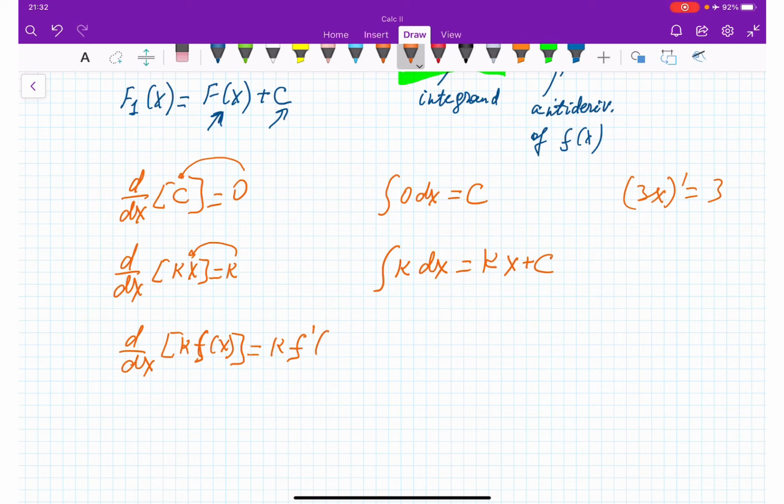Which means we are going to take this under the integral: the integral of k f of x is equal to k times the integral of f prime of x dx, where the constant comes out and f stays under the integral.